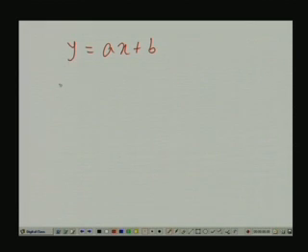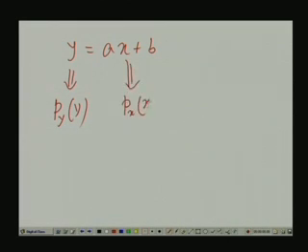Then y has its own probability density function p_y(y), where this y within parenthesis is the actual variable, and this subscript y is just a symbol showing that this is a probability density of the variable y. And x is a random variable that has probability density p_x(x). Once again this x within parenthesis is the actual variable, and this subscript x denotes that it is a function for the random variable x.